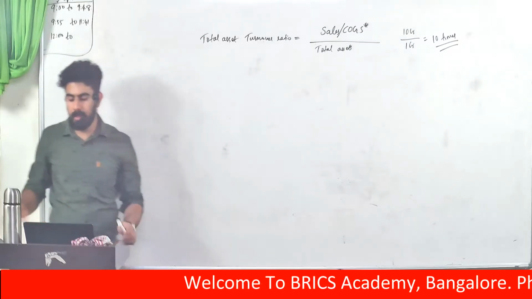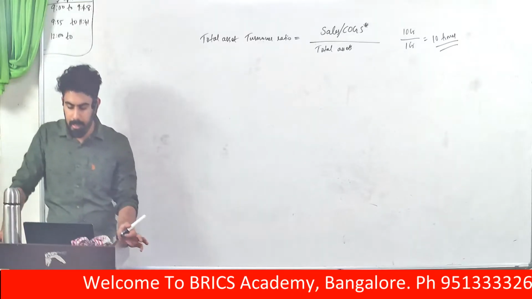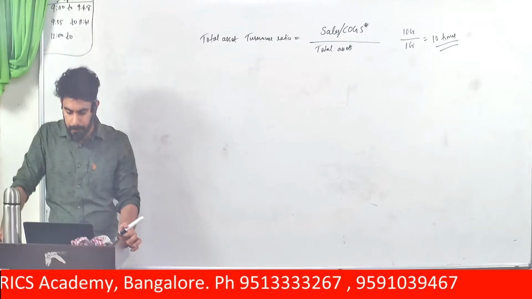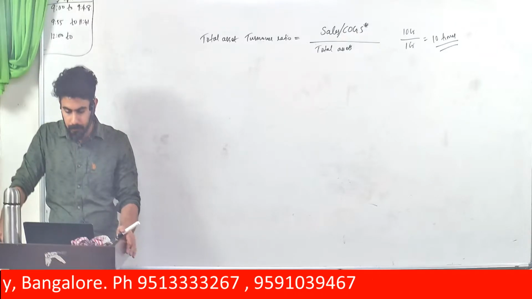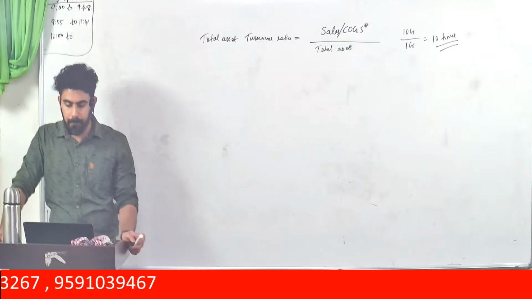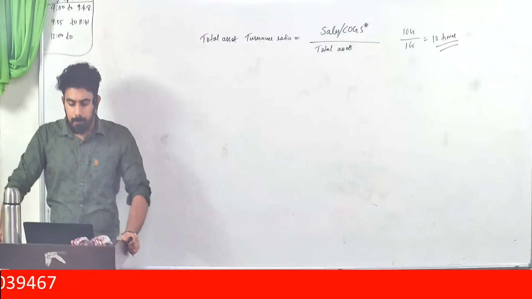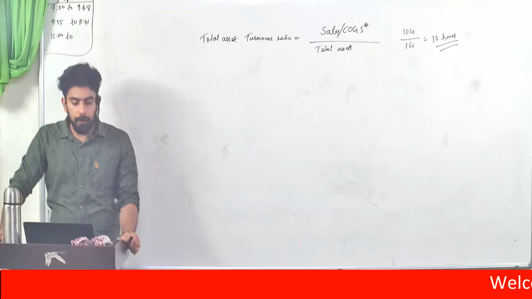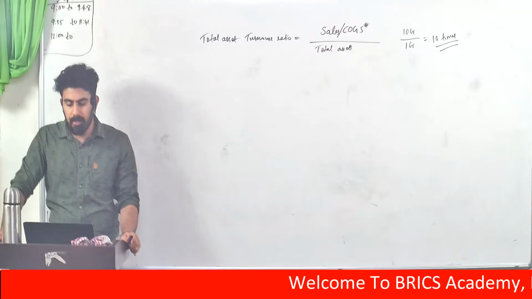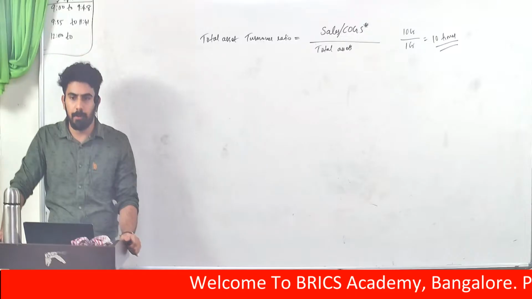Raw material inventory turnover ratio is equal to raw material consumed divided by average raw material stock.